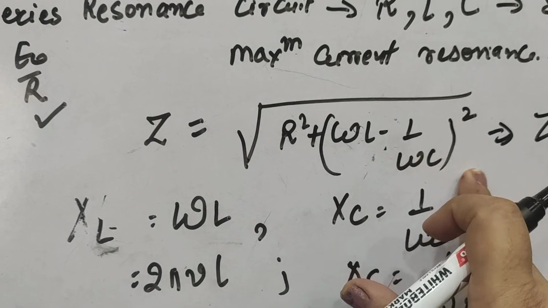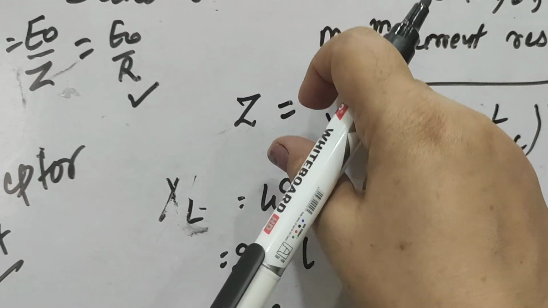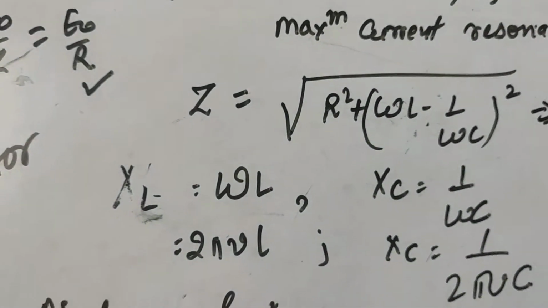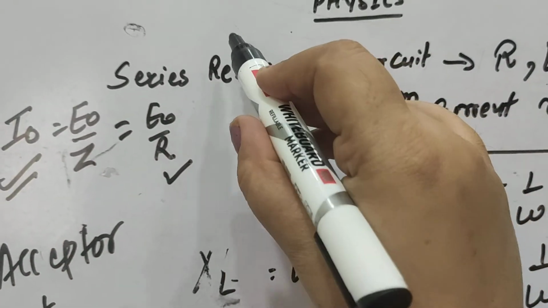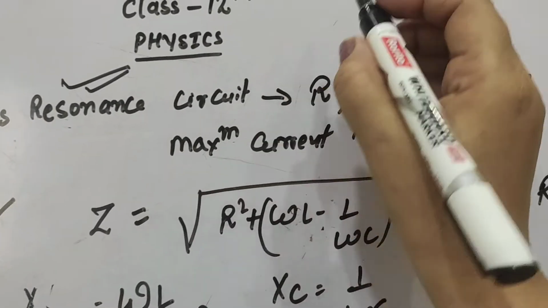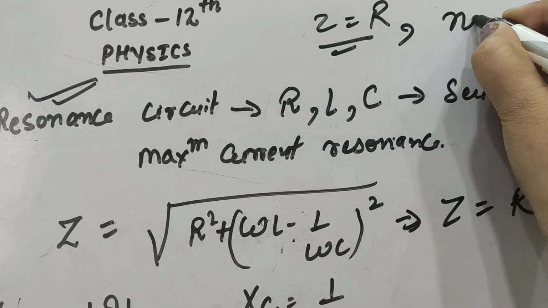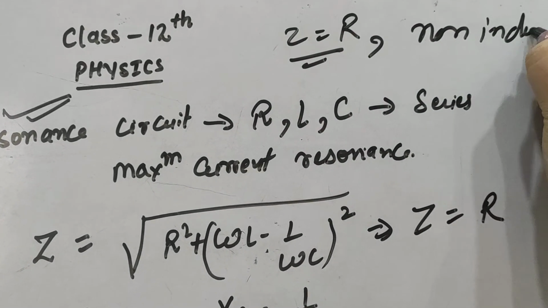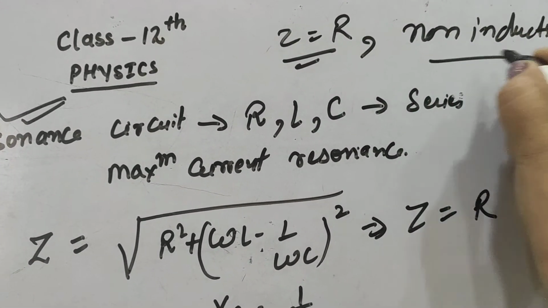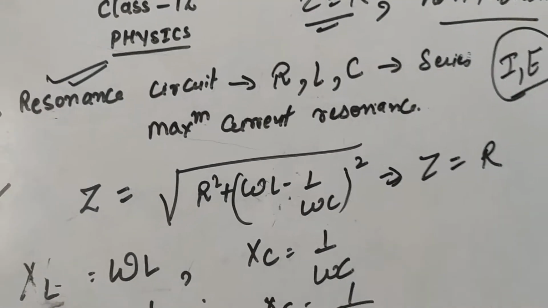As omega L is equal to 1 upon omega C, we have only the R component. Since Z is equal to R and the circuit is non-inductive, current and voltage are in the same phase.